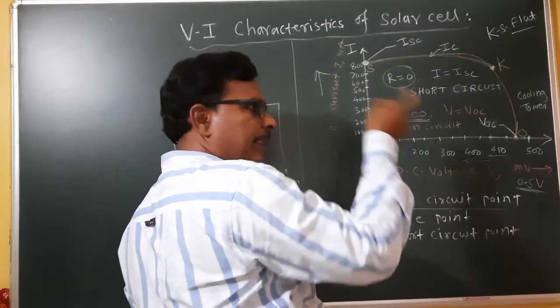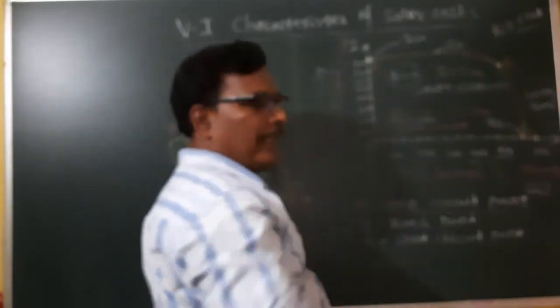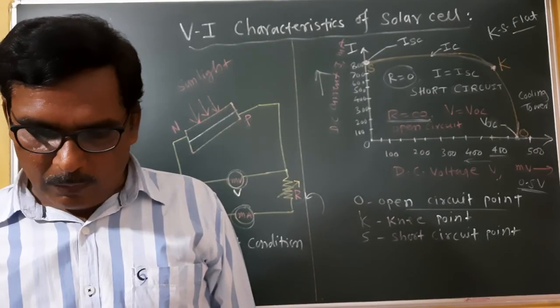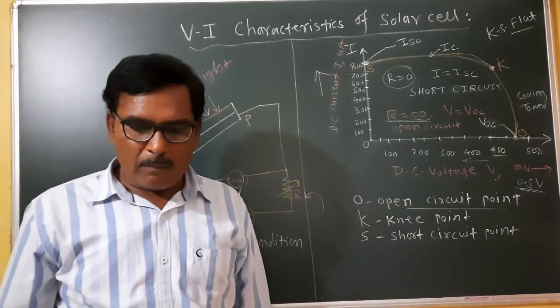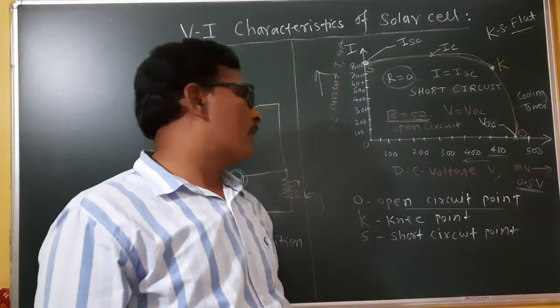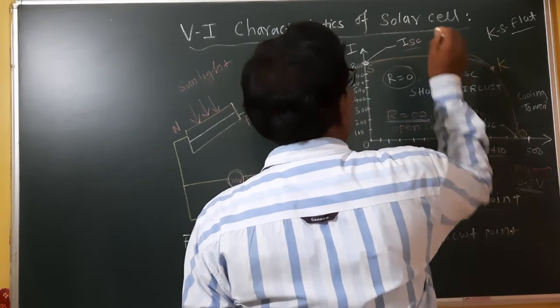When external resistance is reduced to 0, ISC is obtained and voltage should be 0. Maximum current is delivered by the cell, and that current is called the short circuit current.